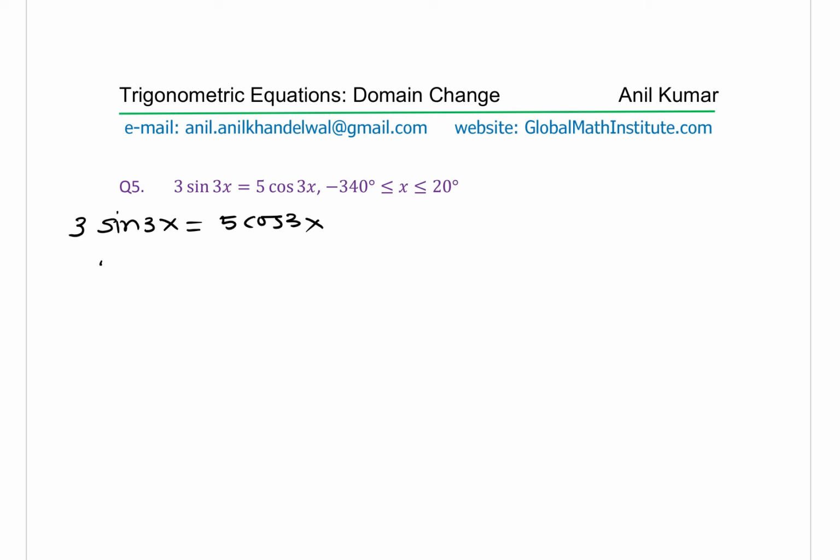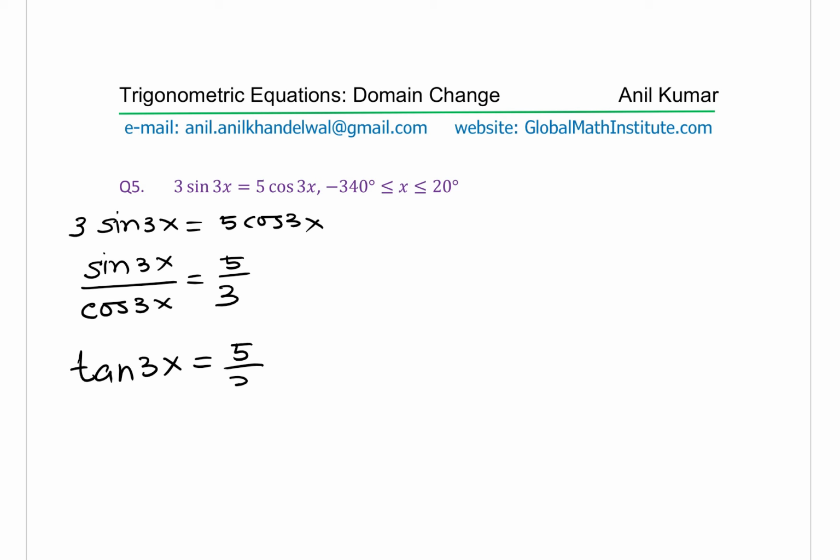So we can divide by cos 3x, you can say cross multiply, and here we get 5 over 3. So that is tan 3x equals 5 over 3.